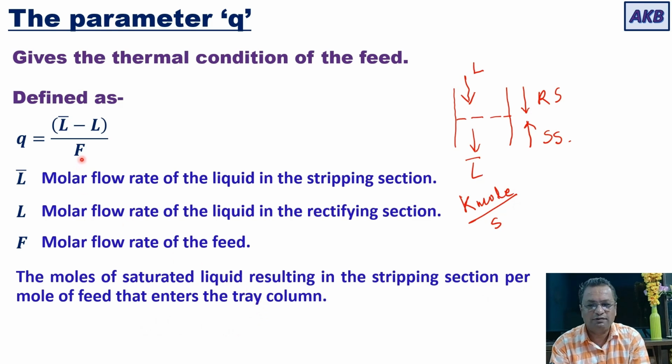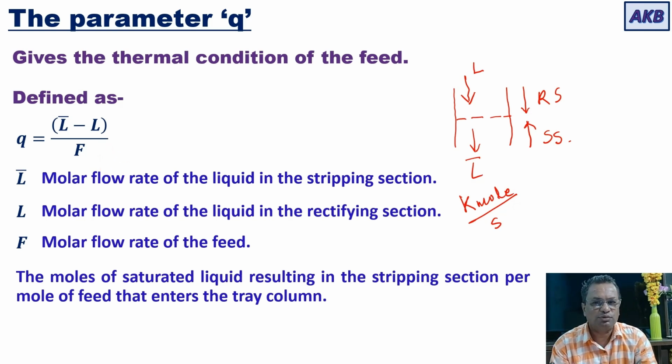For every 1 mole of feed that enters the column, what is the moles of saturated liquid that will result in the stripping section? That is nothing but Q. Again, I have discussed this definition in detail in my earlier videos on this topic.